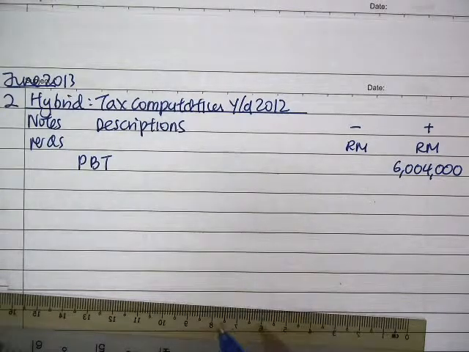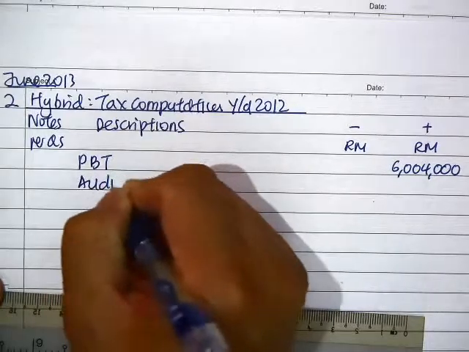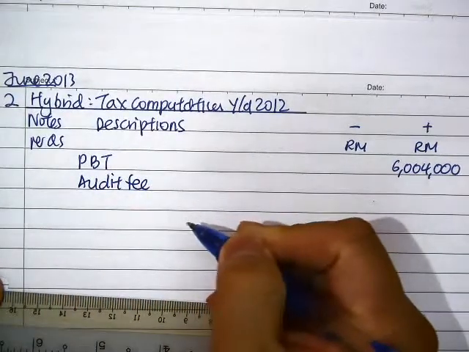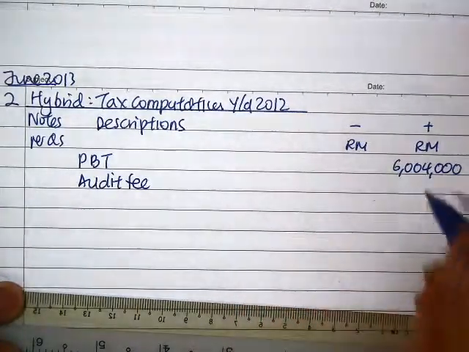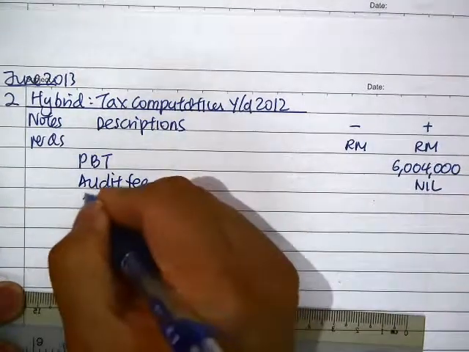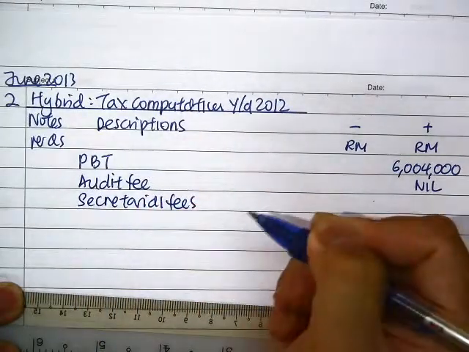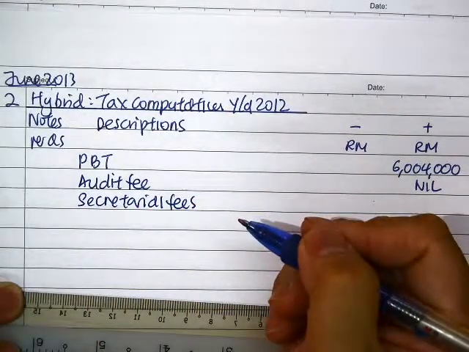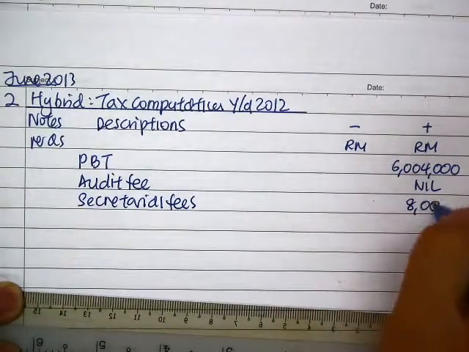So there are two things that we've got to adjust first. One is the audit fee. There's no note, right? So we adjust first in case later we leave it out. So just put a nil. And the secretarial fee is 8,000.